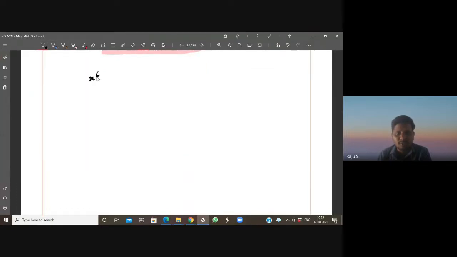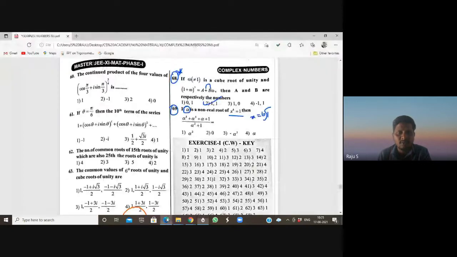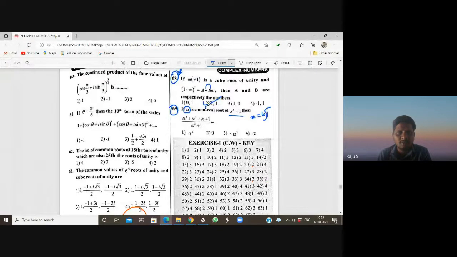So x power 6 is equal to 1 they have given. So clearly alpha is a root of this equation. Shall I substitute alpha here? Alpha power 6 is equal to 1 because alpha is a root. Whenever alpha is a non-real root, alpha must satisfy this equation.